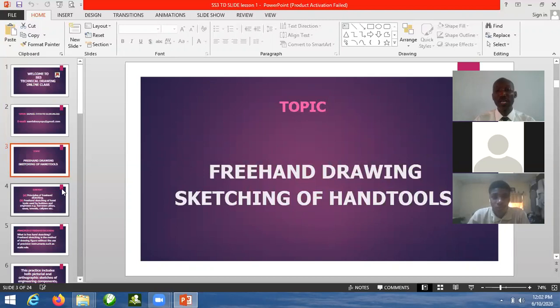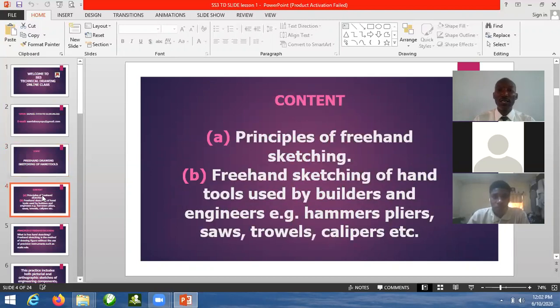So the topic is freehand sketching. The content A is principles of freehand sketching, and the second content is freehand sketching of hand tools used by builders and engineers, for example hammers, pliers, saw, caliper, and so on.